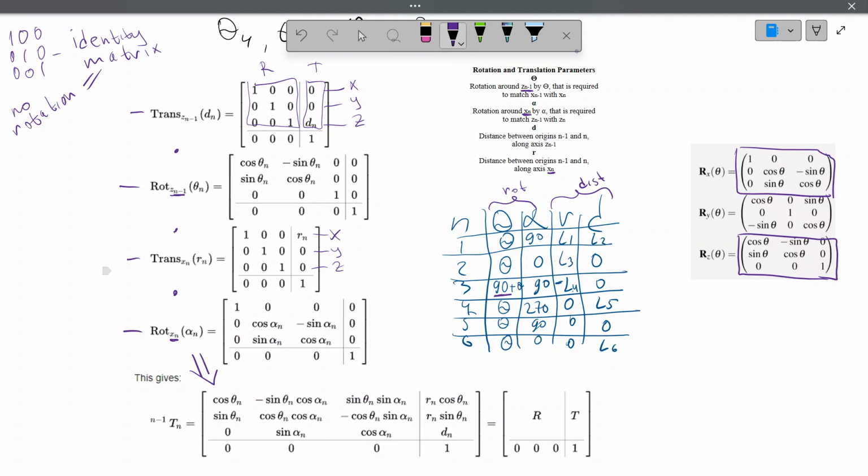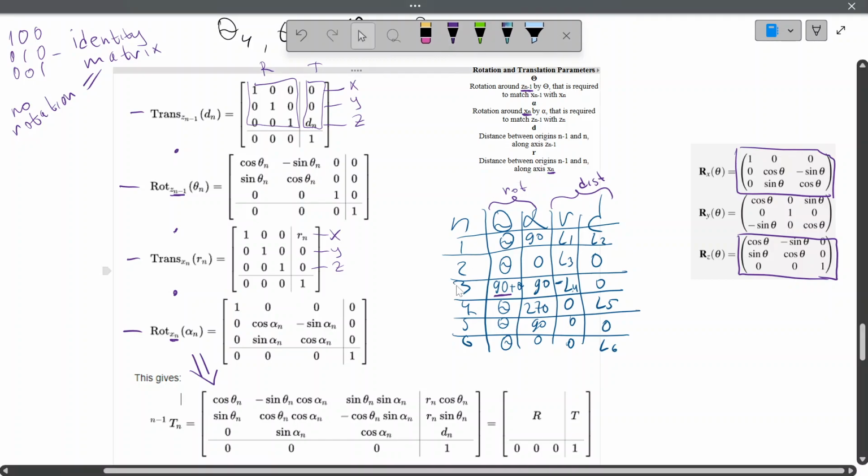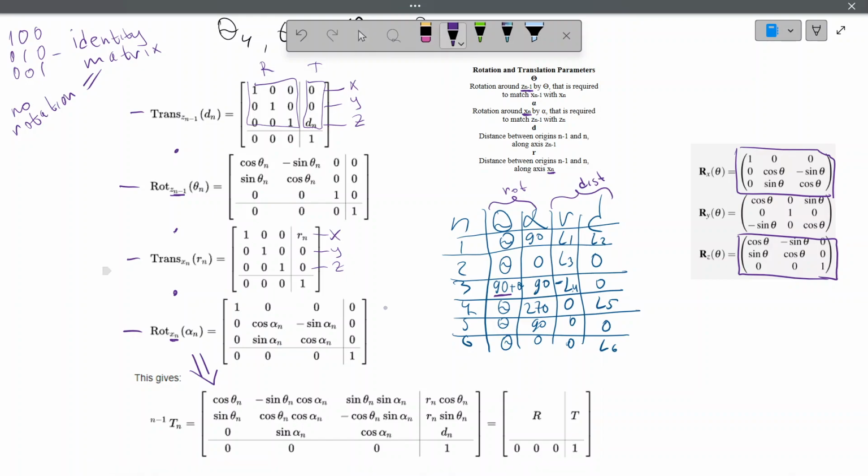So it's the transformation between every joint. Here we will just substitute the values for every joint: theta 1, theta 2, theta 3, theta 4, theta 5.